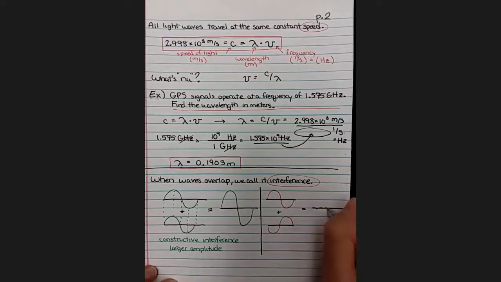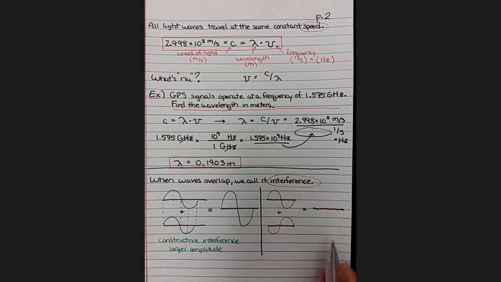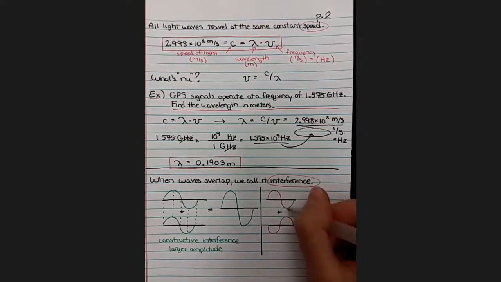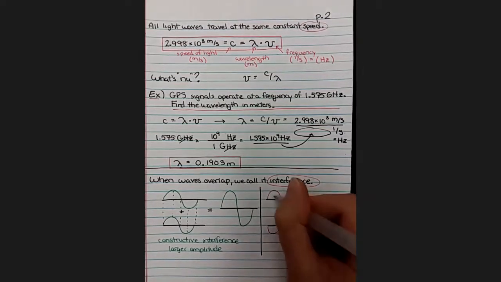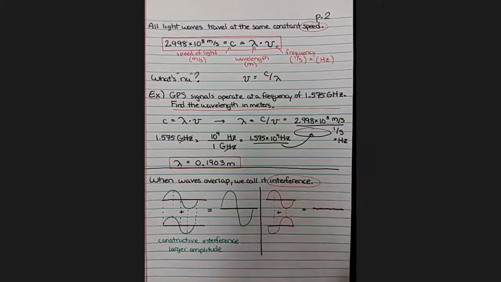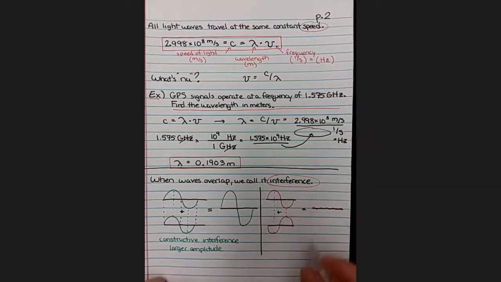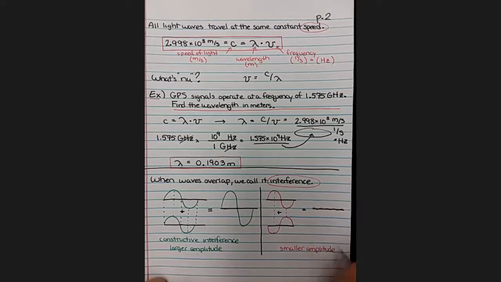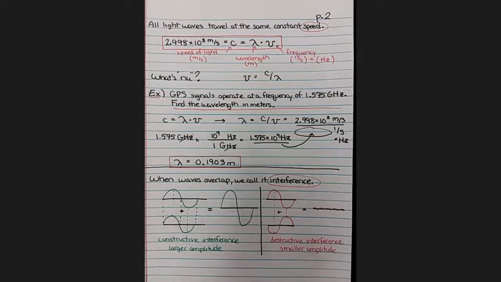So for this one, since I almost perfectly overlap them, there's going to be almost no wave left when you add them together. The maximum has canceled out the minimum. This minimum has canceled out this maximum because of how they lined up. So when the final amplitude is smaller, we'll call that destructive interference. Interference pattern is an important way of recognizing that something is a wave. And this is important in the physics of how light works.